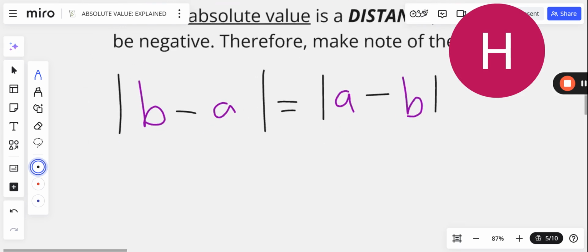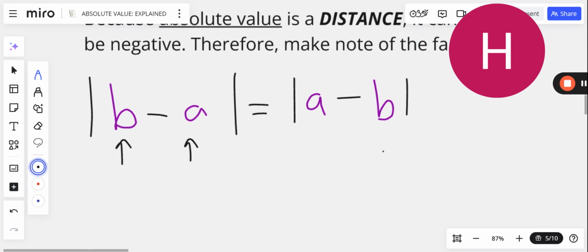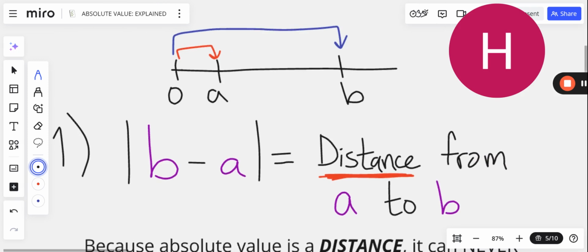Now in this case we have that a is the starting point and b is the final point, and in this other case we have that a is the final point and b is the starting point. But no matter where you start from, if you're going between a and b, you're covering the same distance, okay?